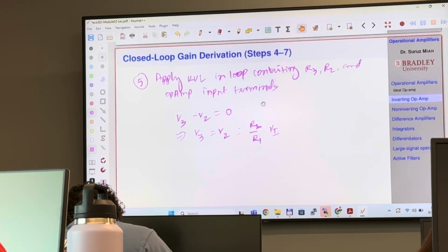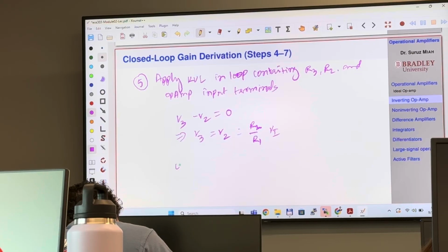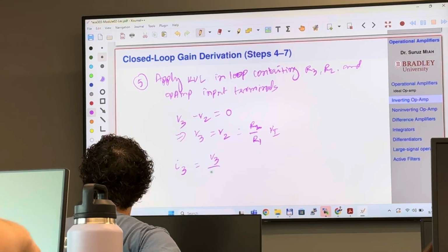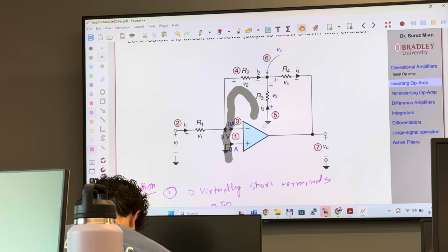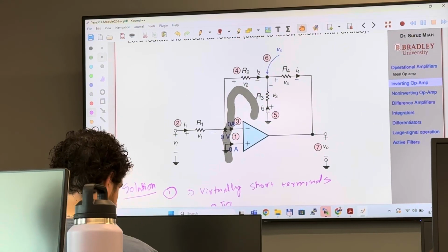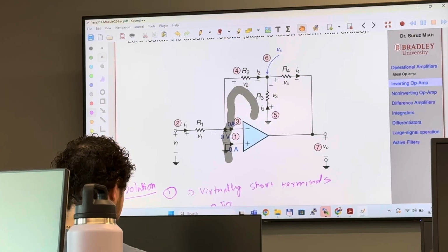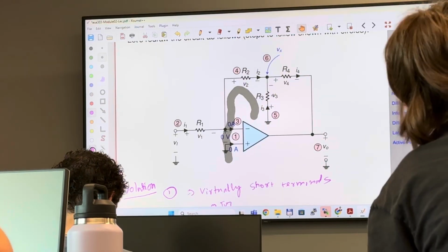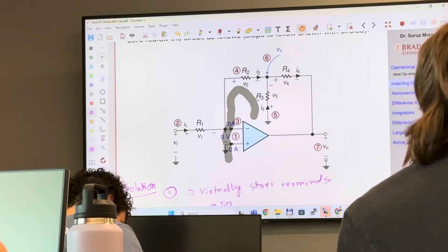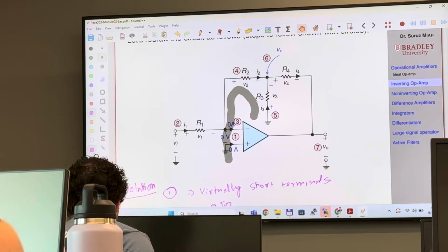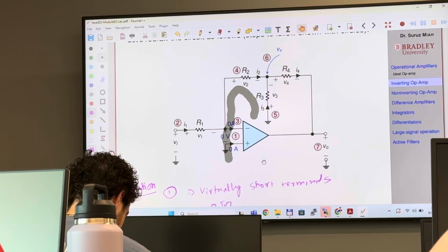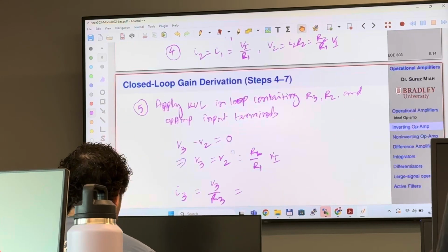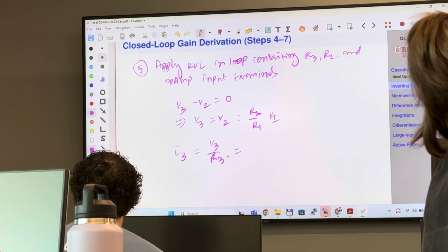Now, don't you think that we now know what I3 is, which is V3 over R3. So I3, the current flowing through this resistance, is the voltage across this resistor divided by the resistance using Ohm's law, right? So which is V3 over R3, and we did find V3.